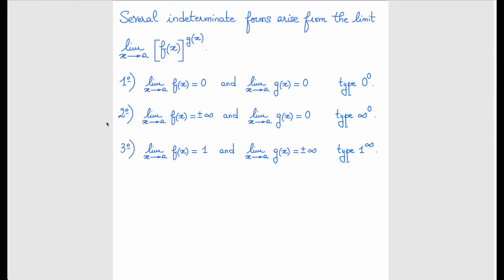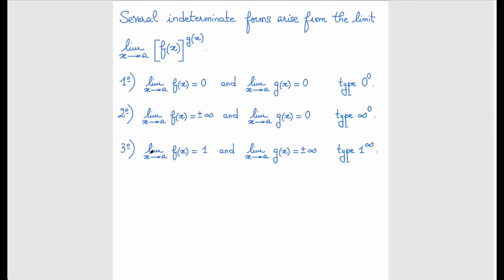Case 2, if the limit of the base function is infinity, and the exponent function goes to 0 as x goes to a, then the indeterminate form obtained is of type infinity to the power 0.